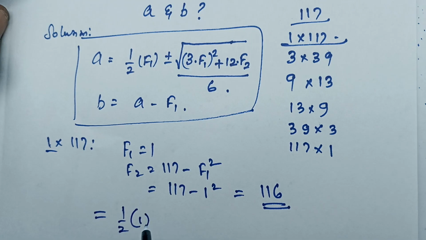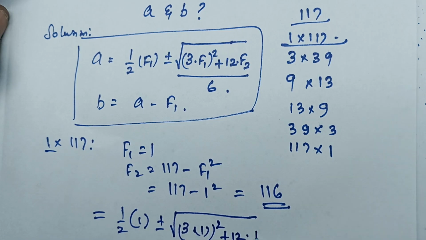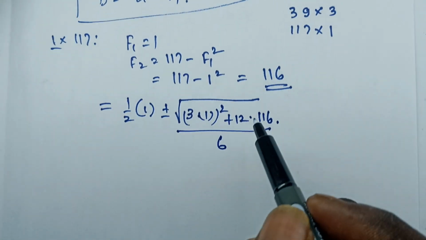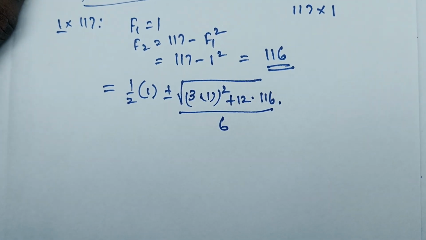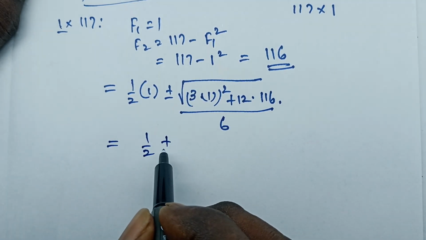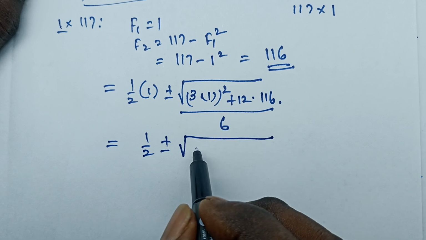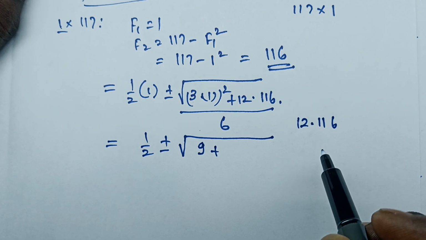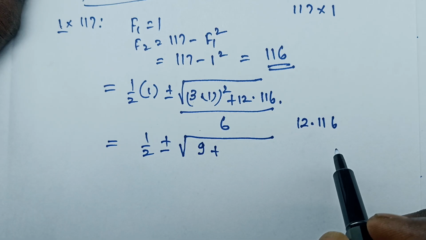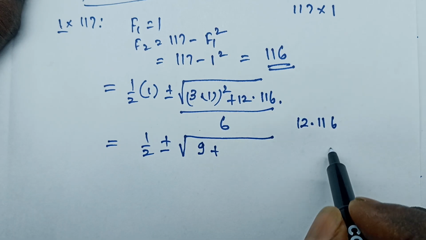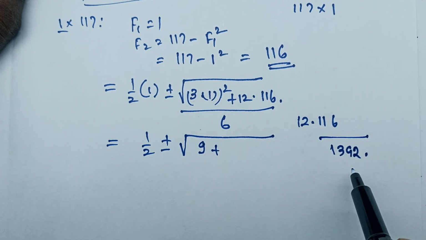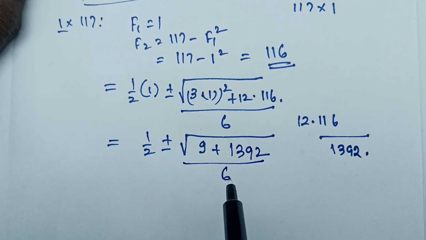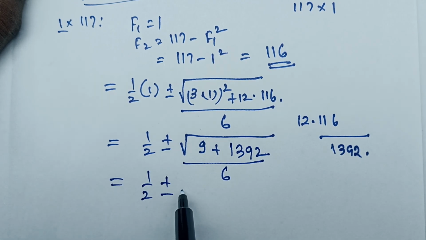1 by 2 f1 plus or minus root of 3 into f1 whole squared plus 12 into f2 by 6. 1 by 2 plus or minus root of 3 squared, 9, plus 12 into 116, 1392, by 6. 1 by 2 plus or minus root of 1401 by 6.